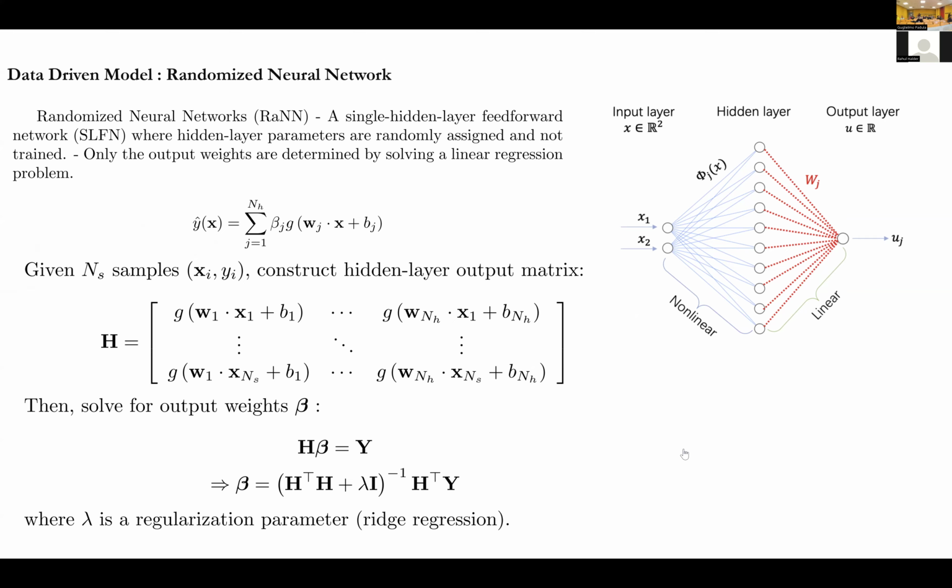It gives you a linear structure for the coefficient beta, which needs to be updated. And it is very quick for getting the results because at the end of the day, you solve a linear system of equations. As compared to the conventional deep learning approach, it gives very quick predictions.